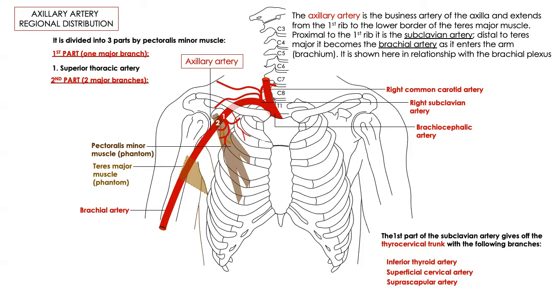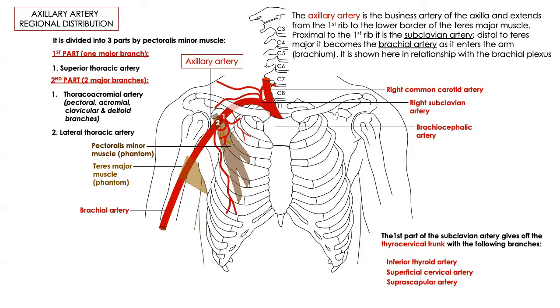The first branch from the second part divides into so many, but what is that? It is my thoracoacromial artery, which further has four branches. And then the second one goes to the lateral wall of the thoracic cavity, and that one is my lateral thoracic artery.